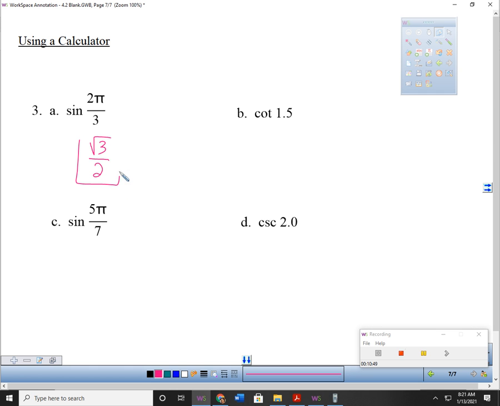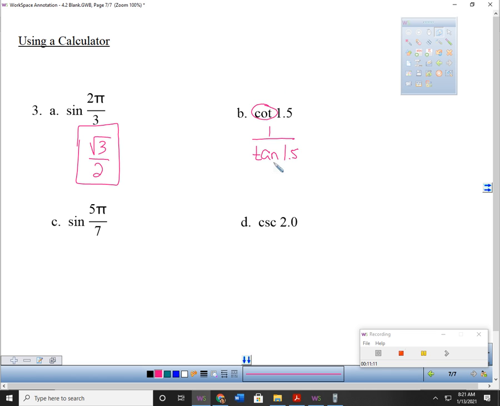All right. So then B, cotangent of 1.5. So here's the deal. Cotangent is an inverse. So in your calculator, you're not going to put cotangent. There's not a button for that. You have to do 1 over tangent. So you're going to use whatever the inverse of this is. So if it was cosecant, then we would use sine.